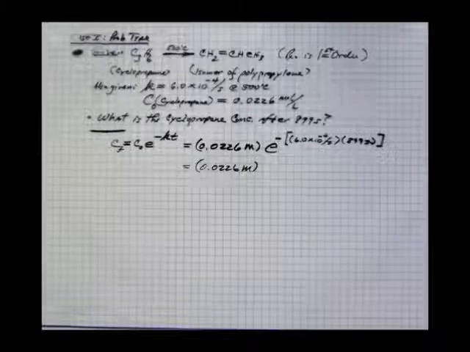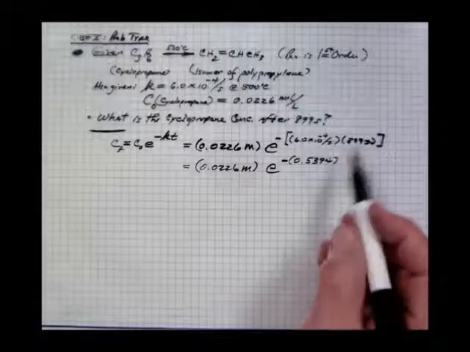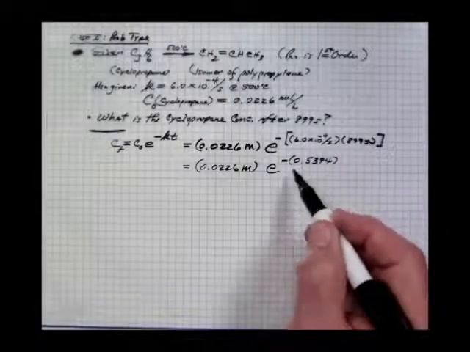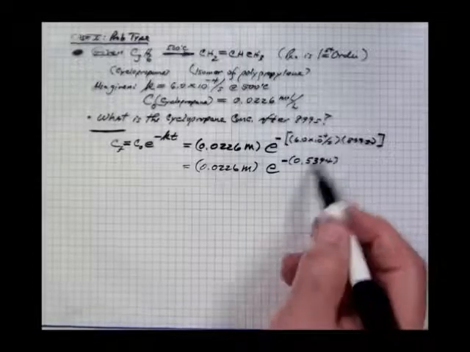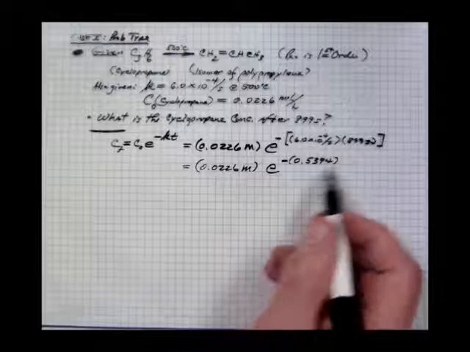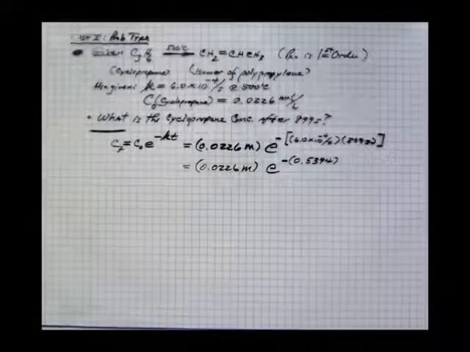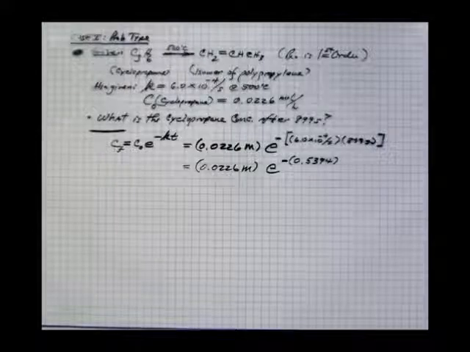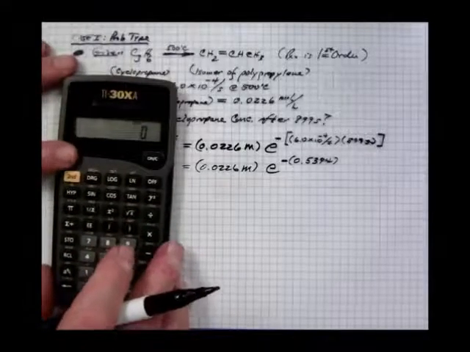So this times this gives 0.5394. So now you have e to the minus 0.5394. Then applying this to the calculator, now I use this TI-30X right here, and we'll just show you how that fits in.